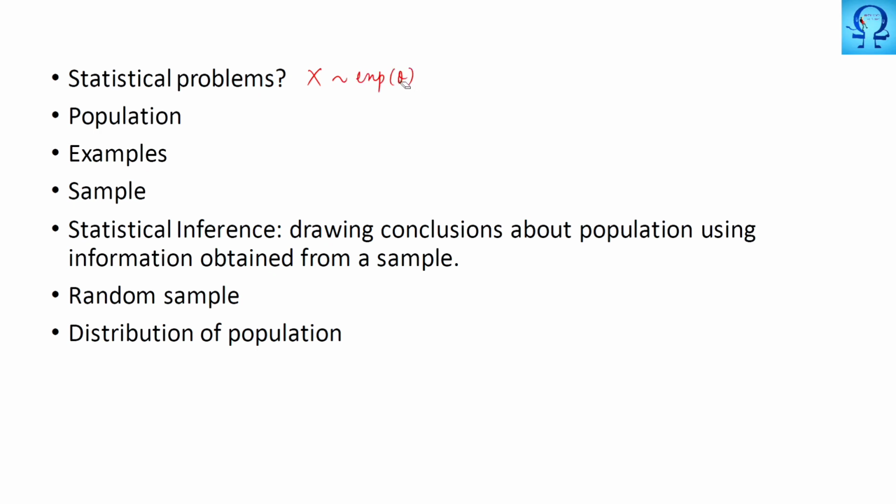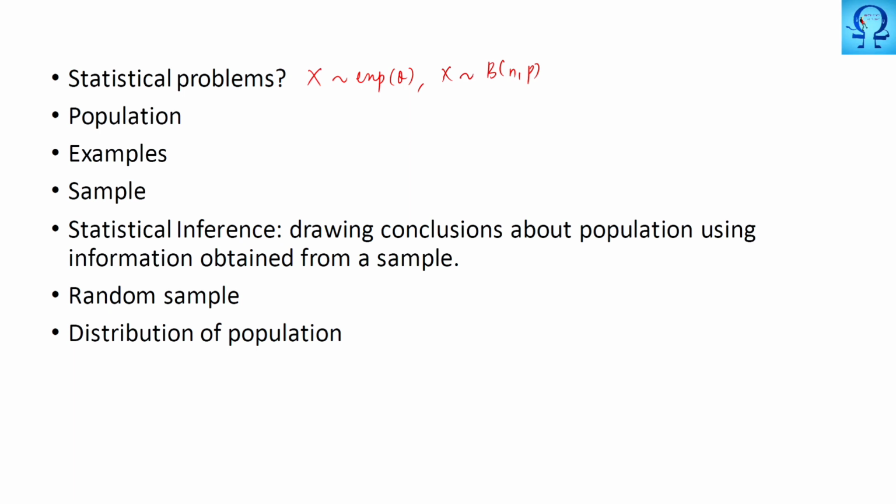With one parameter, usually we write it as lambda, but here I am writing it as theta. If you know this one parameter, we can write down the density function of this random variable, isn't it? Now consider the binomial distribution with n and p. If we know the number of trials that we are going to make and the probability of success in each trial, we can write it down.